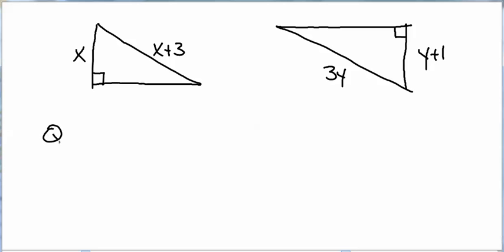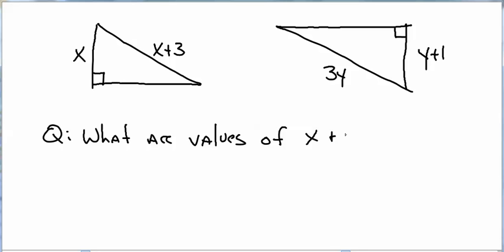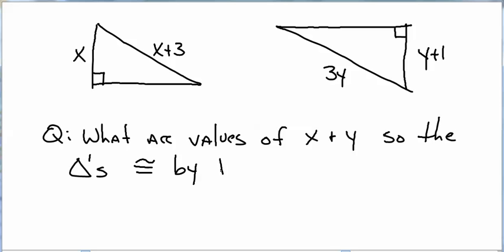The question is, what are the values of x and y so the triangles are congruent by hypotenuse leg? So what do x and y have to be equal to for the triangles to be congruent by the hypotenuse leg theorem?